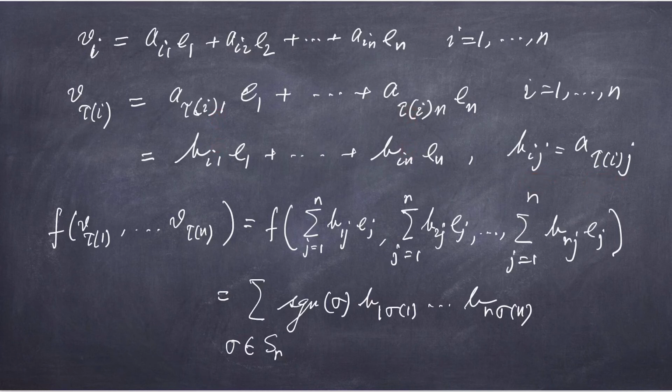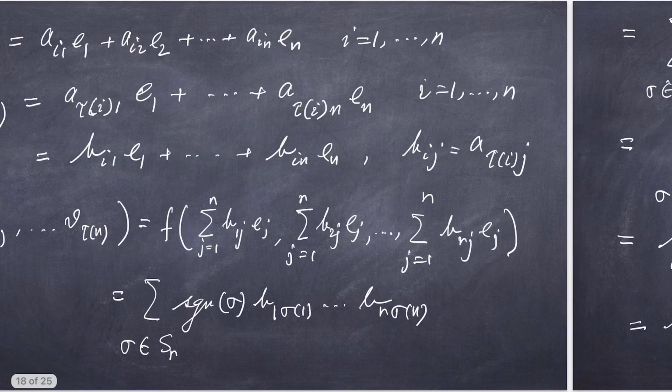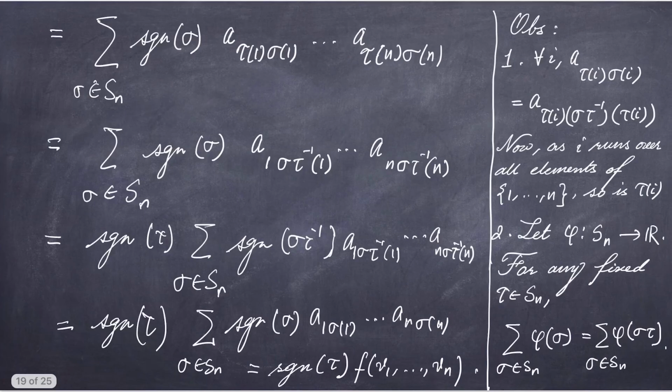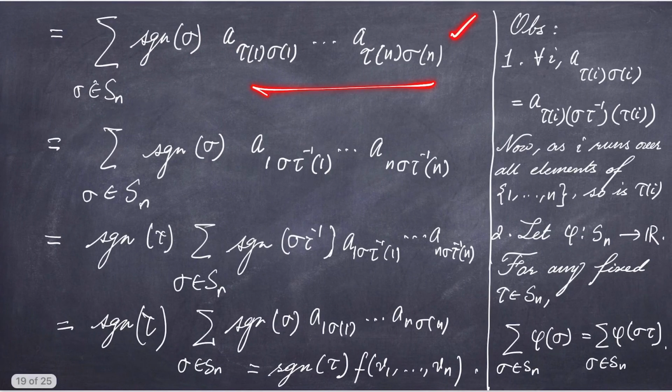So once we have relabeled the coefficients as bij, then we see that F(V_{tau(1)}, ..., V_{tau(n)}) becomes this. Now we put bij equal to a_{tau(i),j}, so that gives me this. Now let's observe that for any i, a_{tau(i),sigma(i)}, so a typical term in the product can be written like this: a_{tau(i), sigma tau^{-1}(tau(i))}.